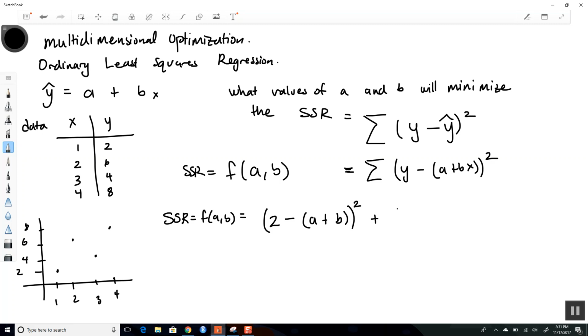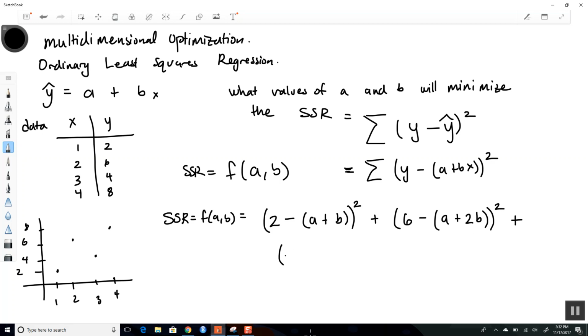Okay, and then the next data point, y is 6, and then we've got a plus, and x is 2, so I've got 2b, squared.